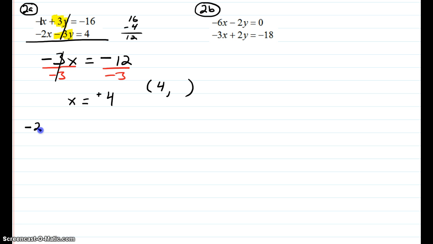Negative 2x, so instead of writing the x, I'll write what x is. x is 4, minus 3y equals 4. Now we simplify and we get negative 8 minus 3y equals 4. Now we're trying to get the y by itself, so we add 8 to both sides.